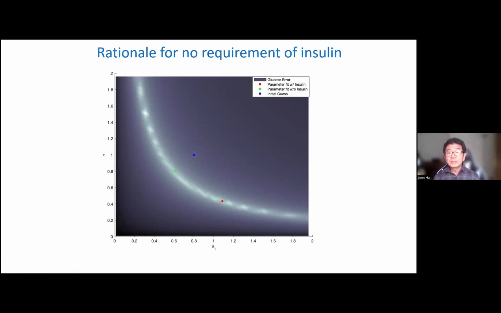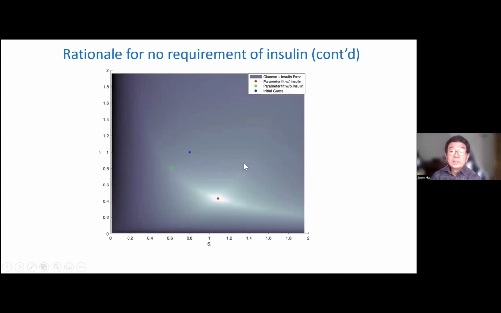So this is the estimate with only glucose. Without insulin, with only glucose data, the green point estimates an optimal SI and sigma, but the wrong one. Red is the right one. Now we use insulin data on top of that, and then it captured the red one.